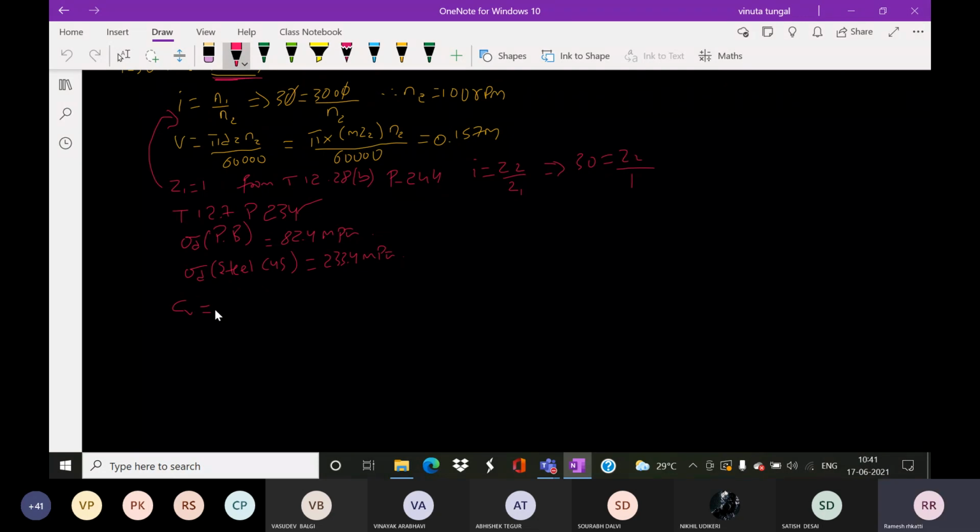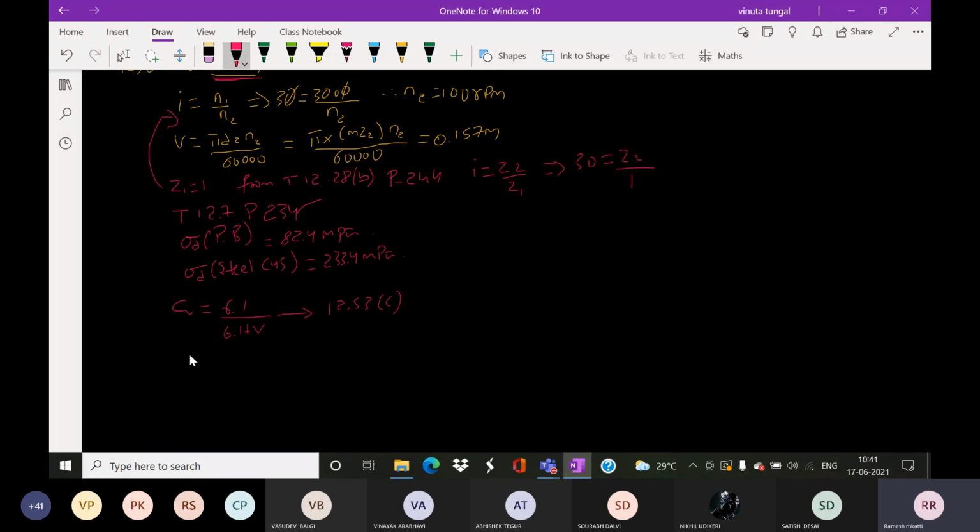You have to refer to 12.53c. You need to consider the dynamic load also. While considering the dynamic load, you have to take CV is equal to 6.1 divided by 6.1 plus V. This is equation 12.53c.